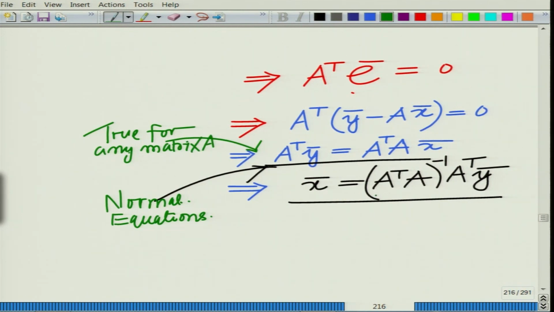Now, this holds, as we said, there is a caveat: only if A transpose A is invertible.